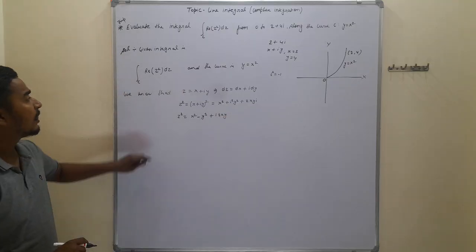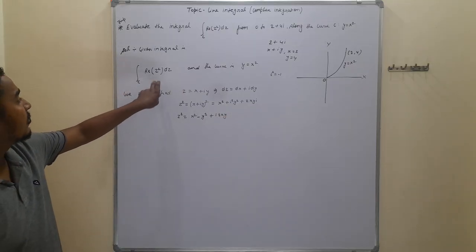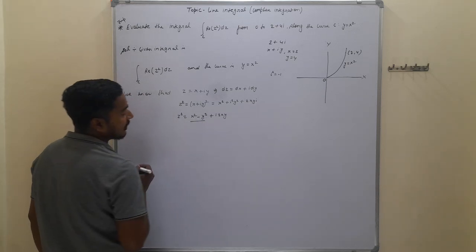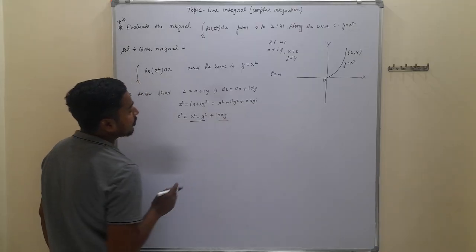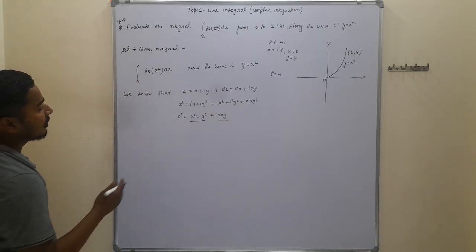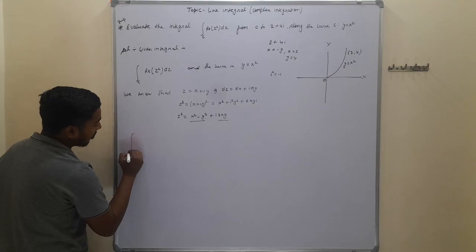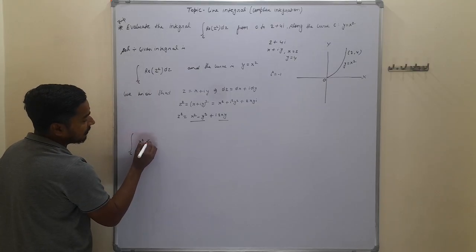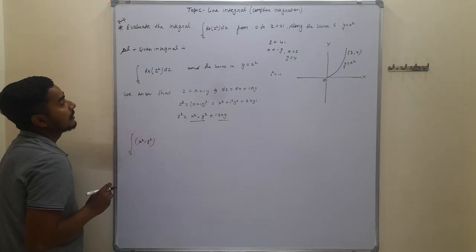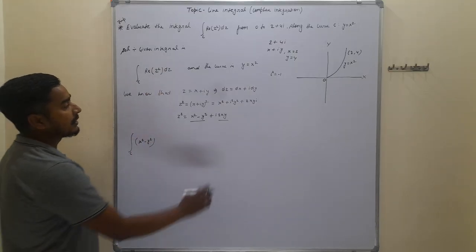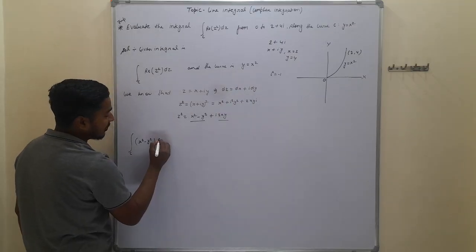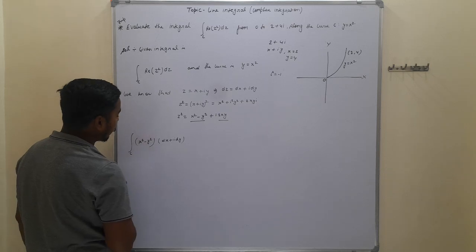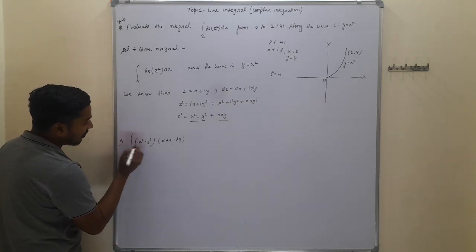In the given integral we have to consider only the real part of z square. Here this is the real part of z square and this is the imaginary part. So we put in the given integral the real part. This gives real part of z square is x square minus y square, and in place of dz we put dx plus i dy, and further we have to solve the given integral.